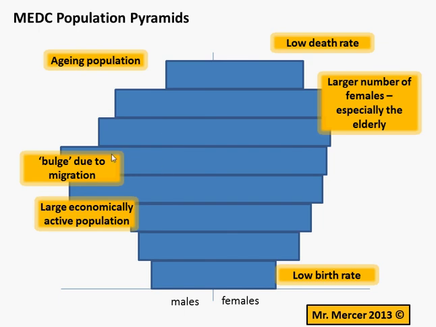Males have entered the country and therefore caused a bulge to appear in the economically active side of the pyramid. If you're looking at a pyramid that has a kink in its economically active population, that would be due to emigration, people leaving the country, and again is stereotypically on the male side of the pyramid.